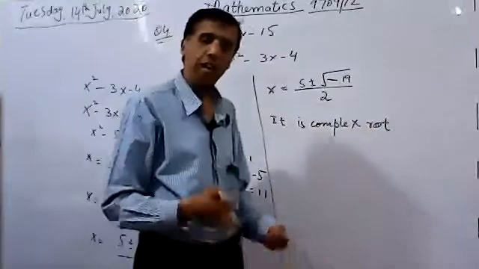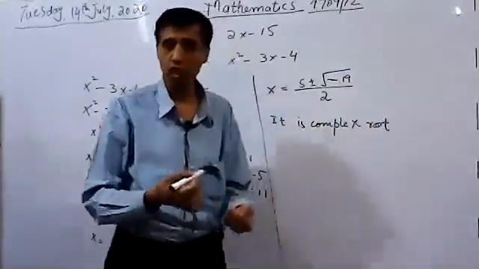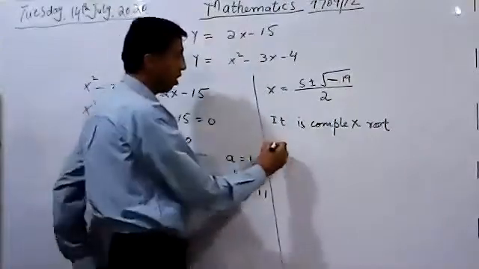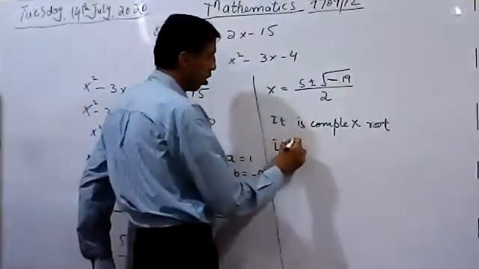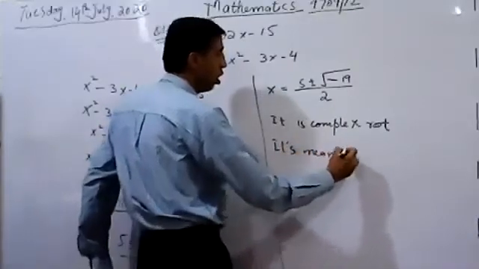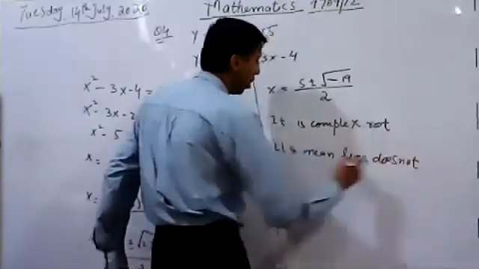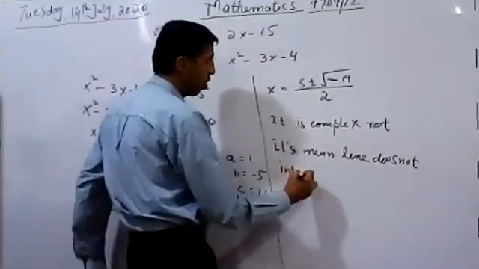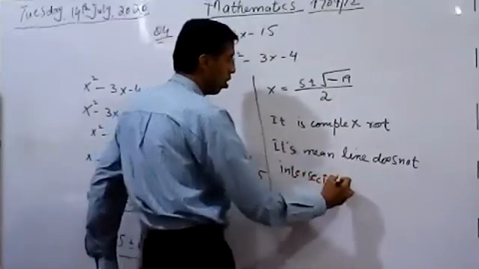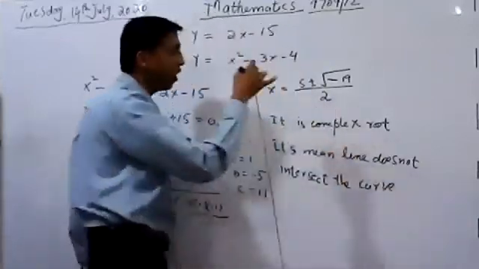So what will happen with the line and the curve? When such a situation occurs, it means the line does not intersect the curve, because here we cannot solve it further.